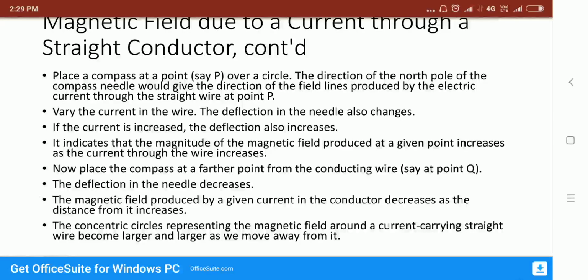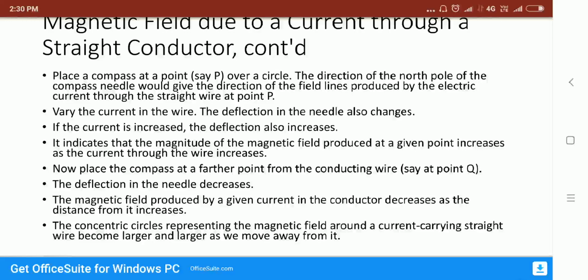It means the magnetic field produced by the current in the conductor decreases as the distance increases. As we explained, near the bar magnet the magnetic field strength is higher, and as the distance increases, its strength reduces.